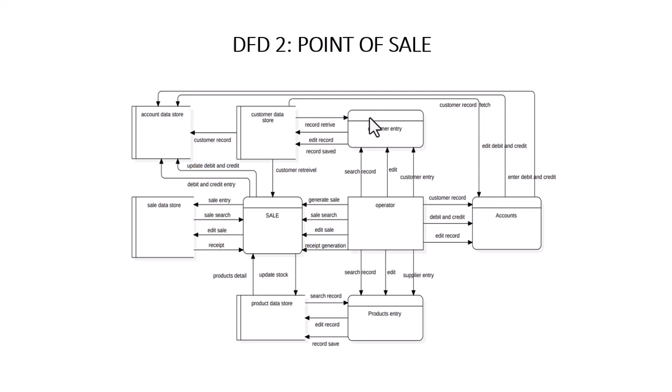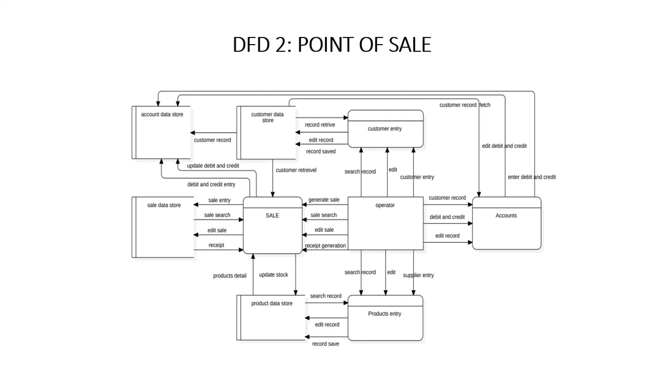Similarly, the operator generates the sale invoice number. He generates the invoice number, so it is stored here. Search the sale, edit the sale, and receipt generation. Again, receipt generation is from the data.